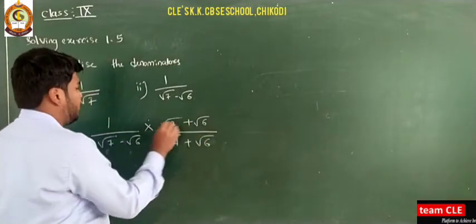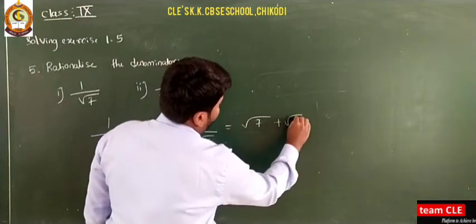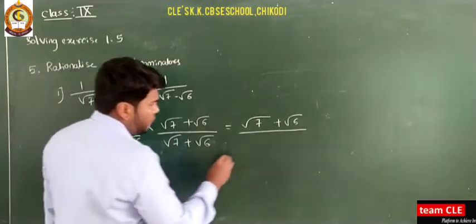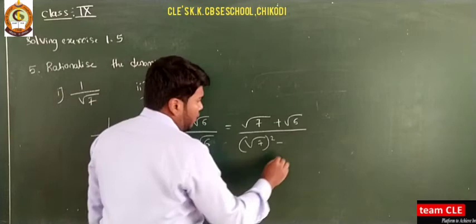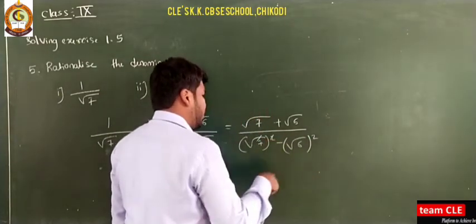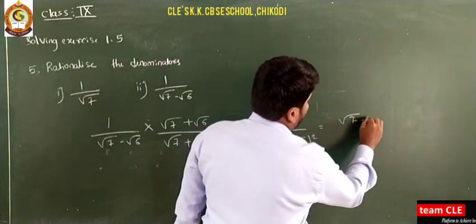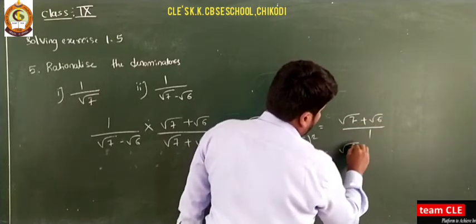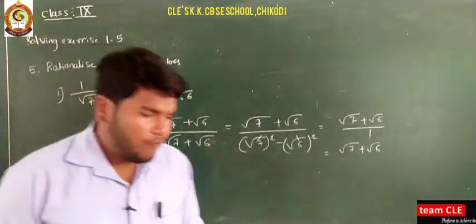So root 7 plus root 6 into 1 gives the numerator root 7 plus root 6. Similarly, this is a minus b and a plus b, so you will get root 7 whole square minus root 6 whole square. The root and square get cancelled, so remaining is root 7 plus root 6 divided by 1, that is nothing but root 7 plus root 6.